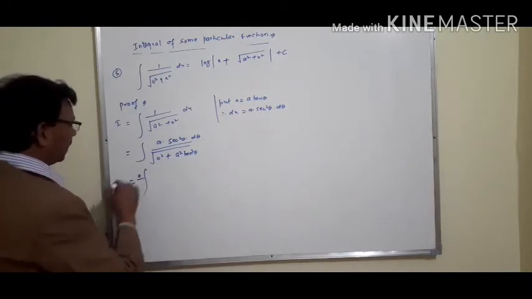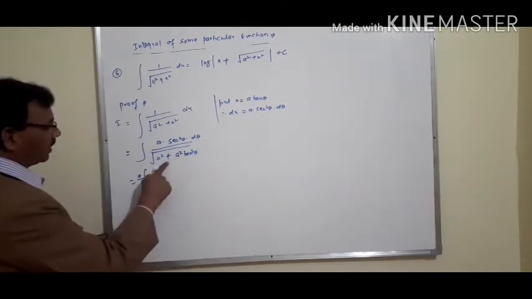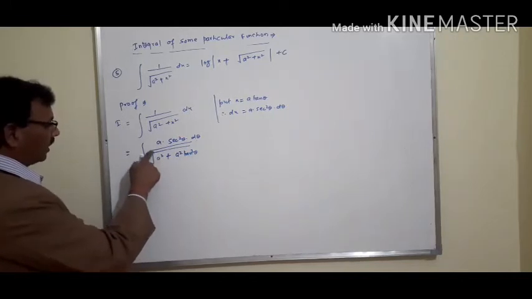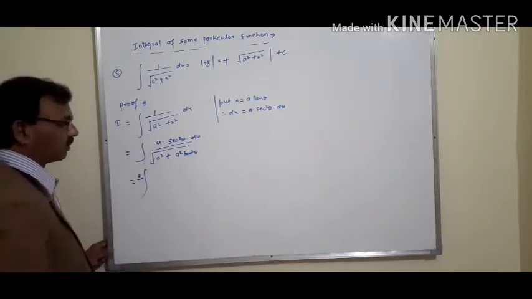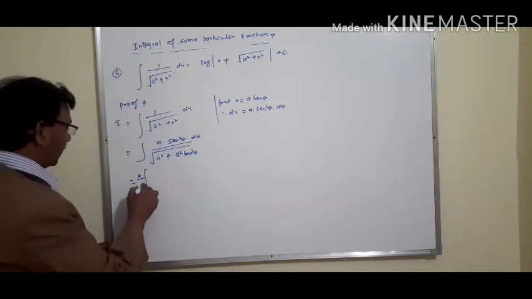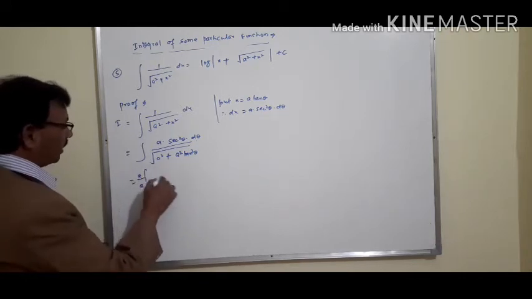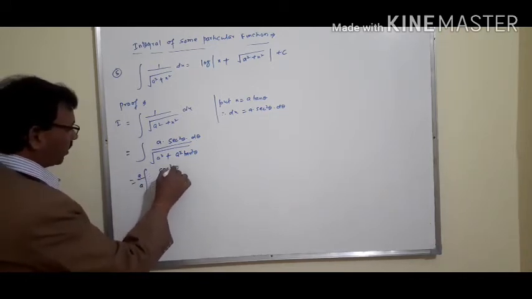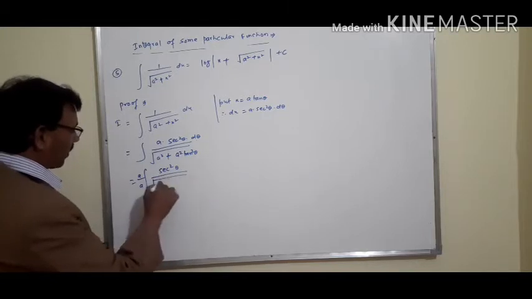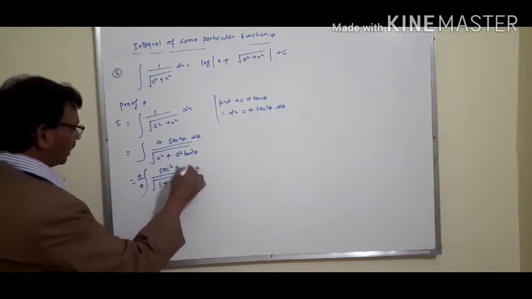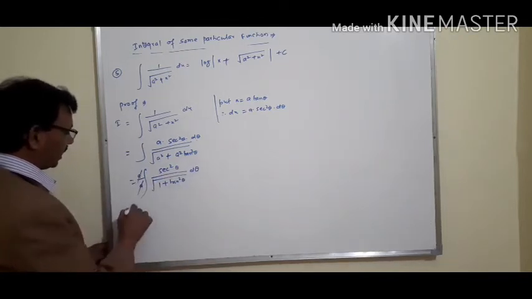Integration of a upon, now we take a square as common and it will come outside from this square root, so this will be a, and what remains will be sec square theta upon root under 1 plus tan square theta into d theta. A and a will be cancelled.